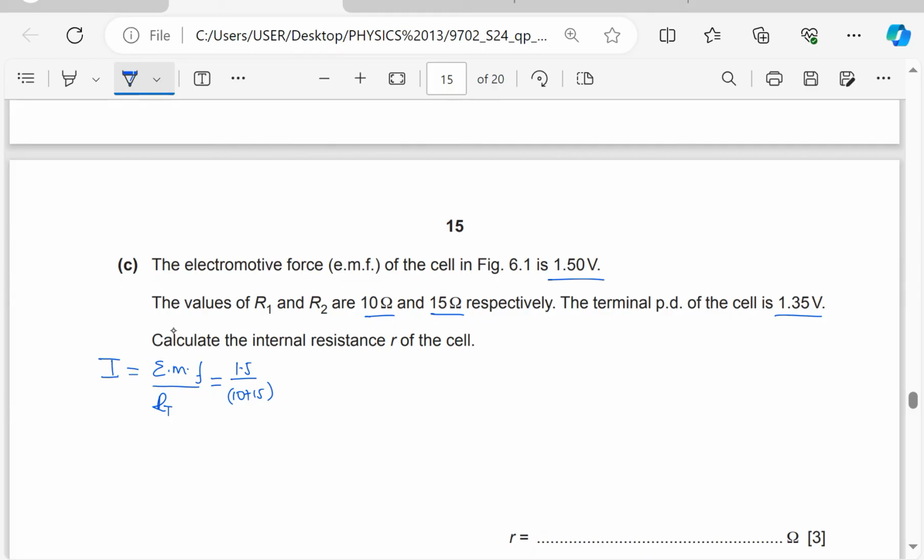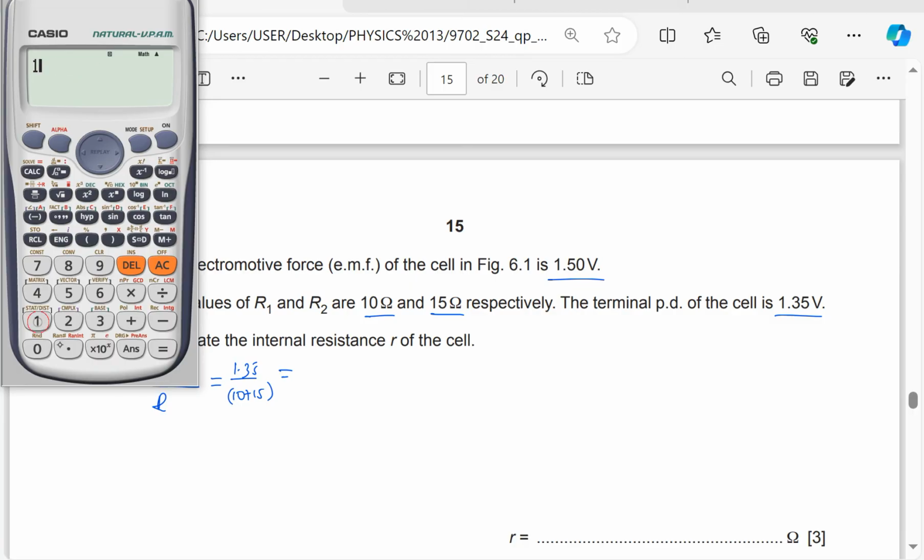Because there is a current being supplied, this is going to be 1.35, so this is not going to be EMF. Because I'm not considering the internal resistance, I can't use the EMF. So the current here is going to be the terminal PD, which I'm going to call V, over the external resistance R. So let me remove this. It is not total resistance. So this is going to be 1.35.